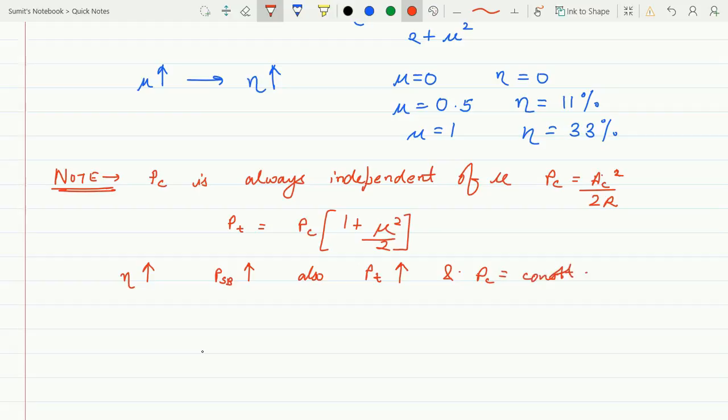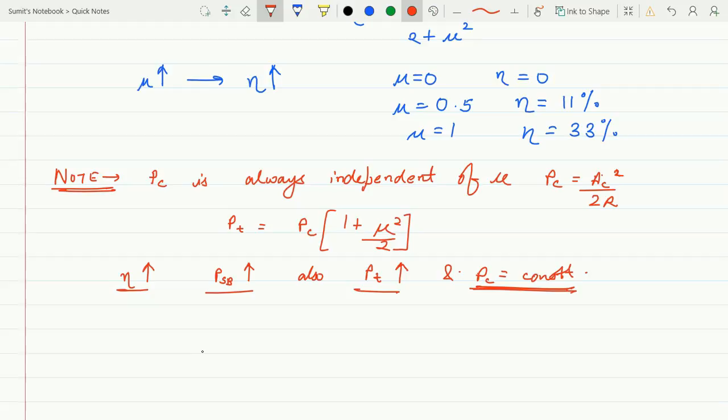So when you are increasing the modulation index, you will see that the sideband power and the total power increase, but the carrier power always remains constant. This is a point to remember for the future. So this is the power efficiency part of AM.